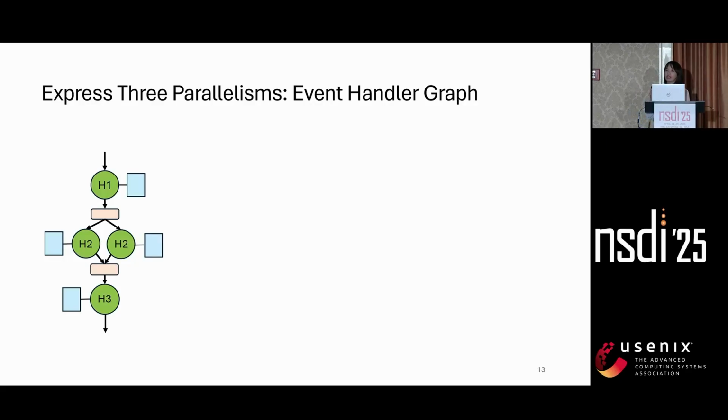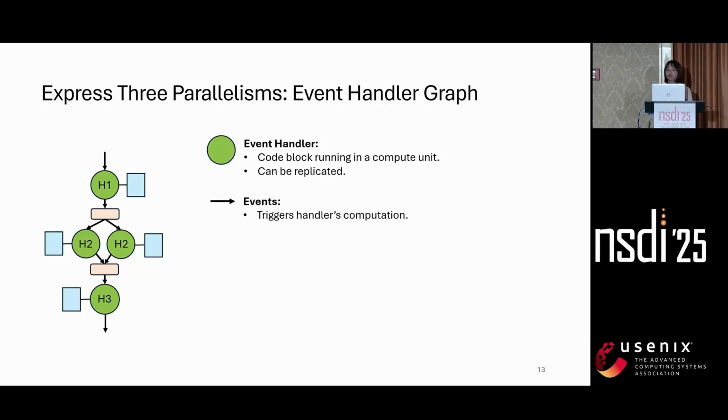Alpha IR uses an event handler graph structure to capture these three types of parallelism, as well as their possible combinations. Inside the compiler, every program is represented as such a handler graph, where each node represents a code block running inside a NIC's compute units, and it can be replicated multiple times. The edges of the graph represent events, which are generated by a handler and can trigger computation in other handlers.